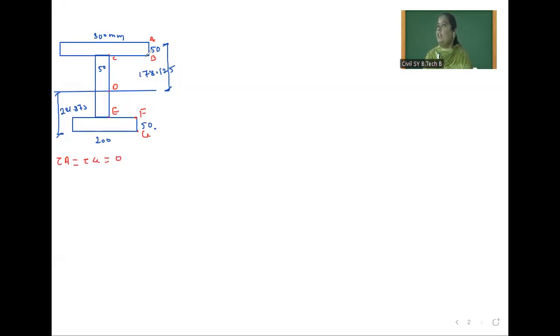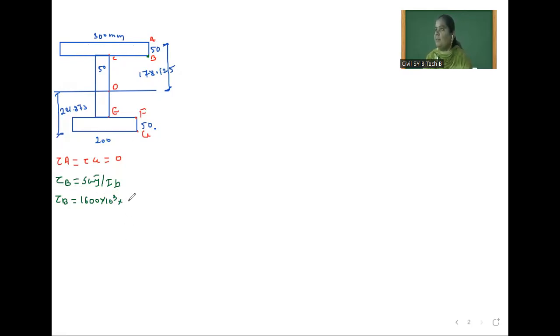After that, we will calculate shear stress at B. So now you tell me, tau B is equal to, the equation is S A Y bar divided by I B. So tau B is equal to S, the shear force is given as 1600 in kilonewton, but other parameters are in mm, so we will convert into Newton. So 10 raised to 3 into A Y bar. We are calculating at this B point, so that means this whole strip comes under this B point.